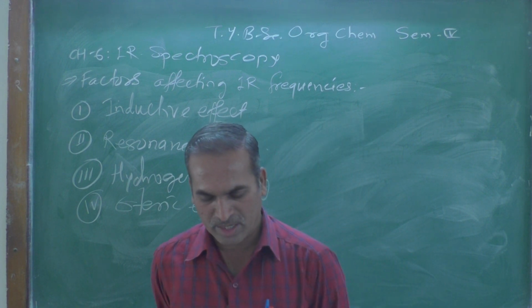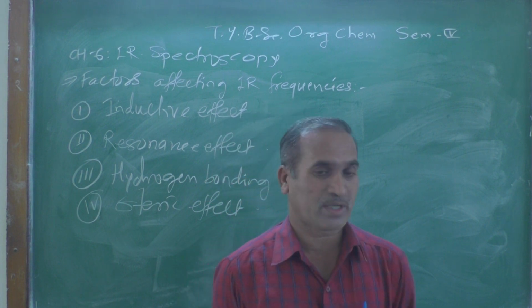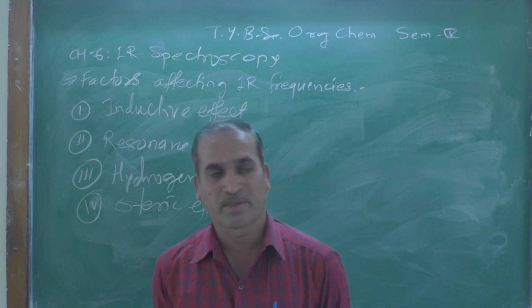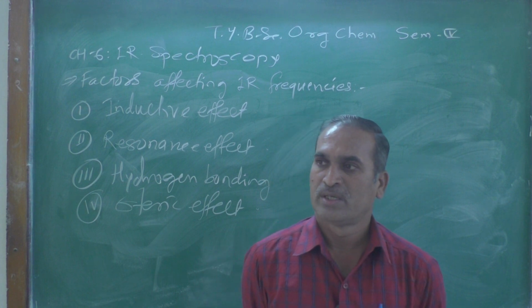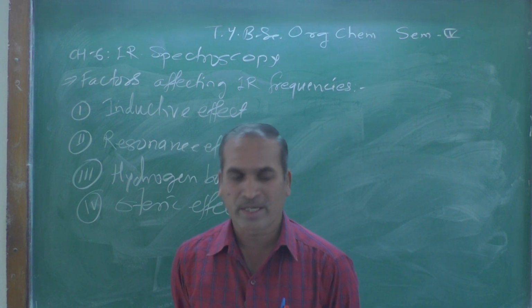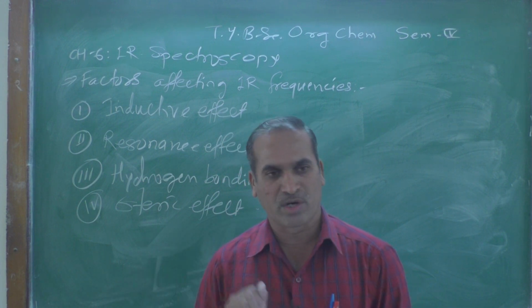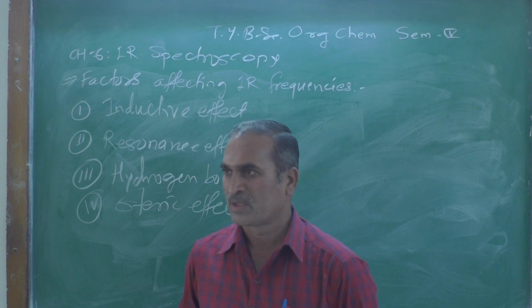But here, the resonance effect. What do we mean by the resonance effect? Let us see a little bit once again. We already learned it in our previous classes, but let me remind you. The distribution of electrons operating in an unsaturated system via a pi bond is known as the resonance effect.